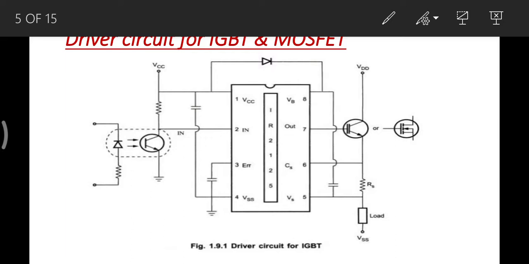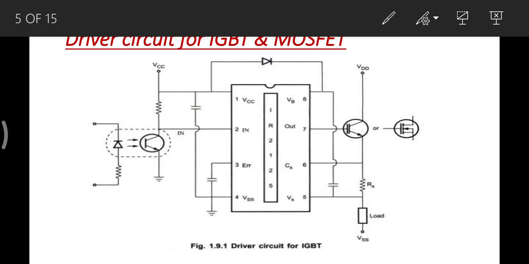We have seen the driving circuit using these elements only, but in this circuit we are going to discuss ICs used for triggering the MOSFETs and IGBTs.